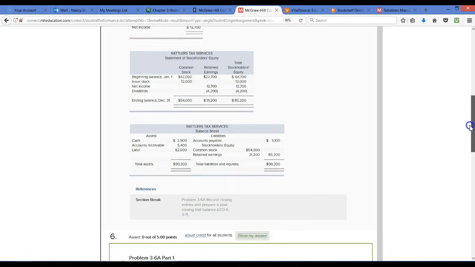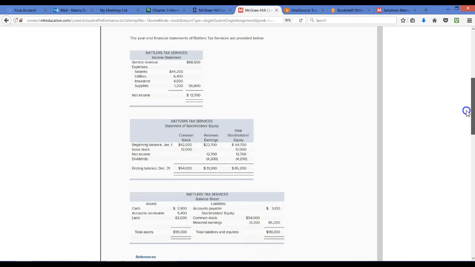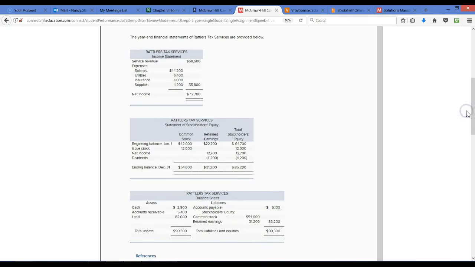So basically, if you look at the income statement, don't we know that all of those accounts must be zeroed out? Revenue and expense accounts are always temporary accounts. The dividends account is always a temporary account.